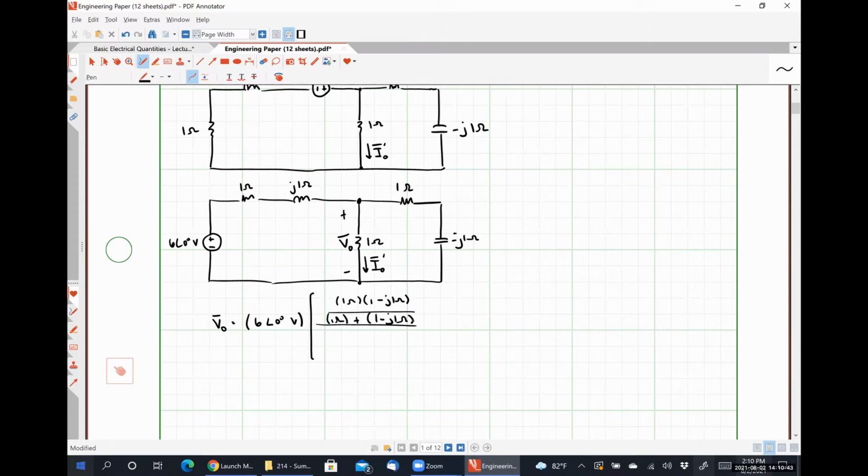And in my denominator, I will have 1 plus j1 ohms in series with that combination.